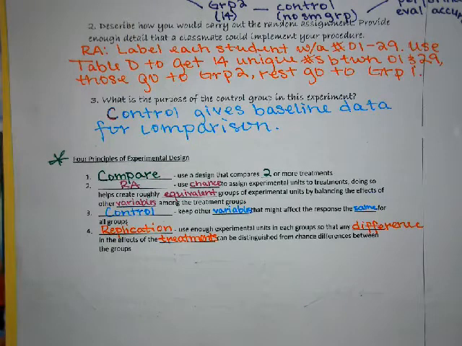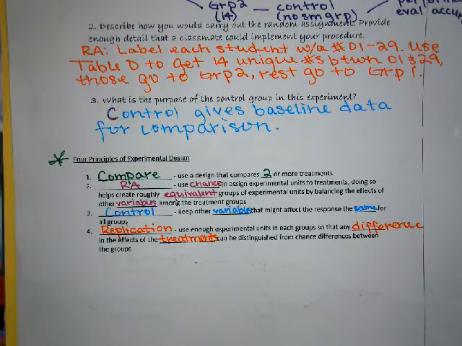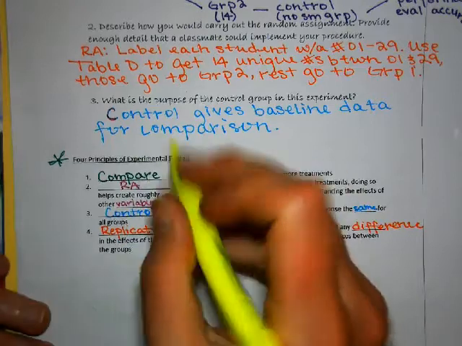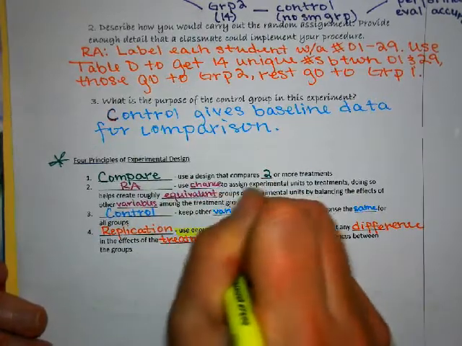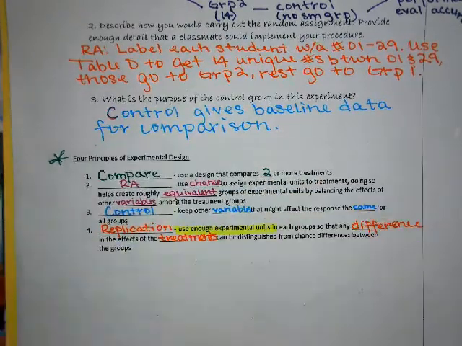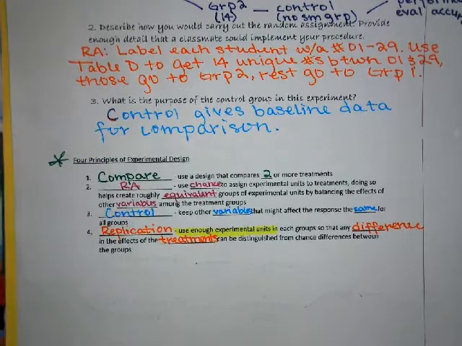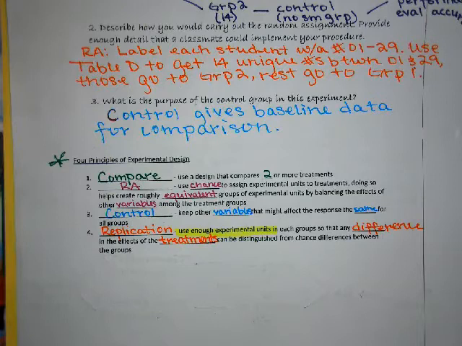So, get my highlighter. It's right here in the beginning. Use enough experimental units. If your sample size is too small, you can't say that the treatment is the reason for the difference. It could just happen purely by chance with a really small group. But if you have a big enough sample size, remember I talked about how a bigger sample size alleviates a lot of issues in statistics.